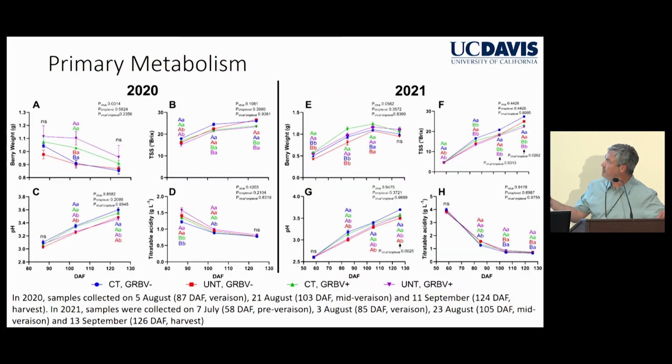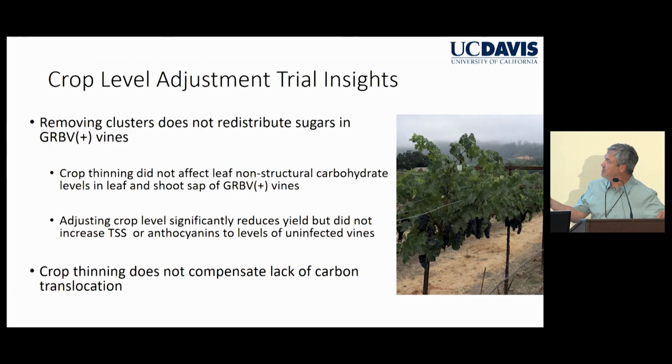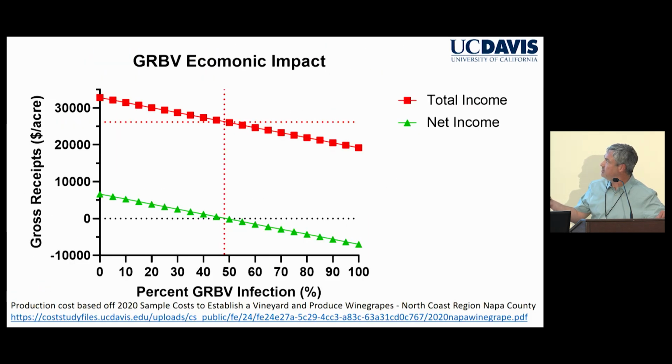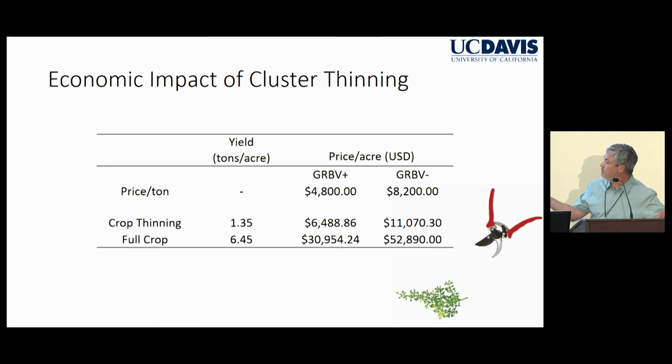We've gotten $4,800 for fruit from this block that had the infected vines, and mind you, this wasn't 100% infection. And versus a clean block, we're getting 8,200. So as a negotiation, maybe your skills are better than ours, but those are the real world numbers of what we're getting.